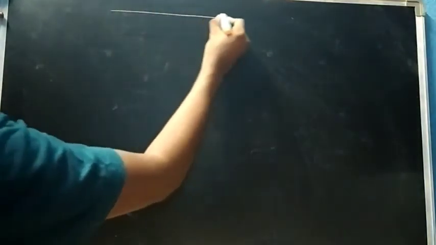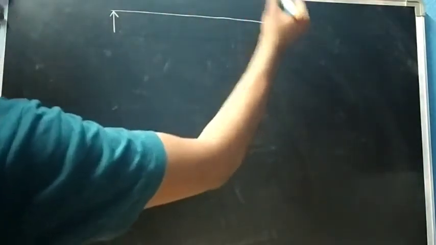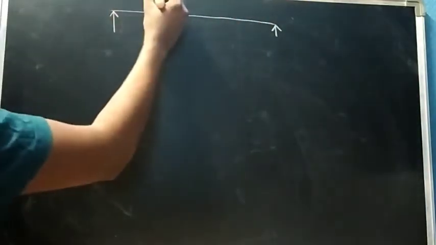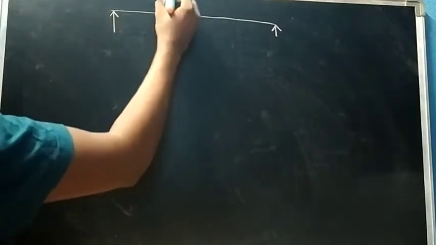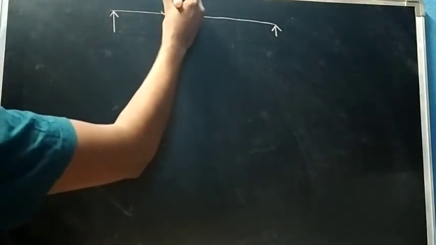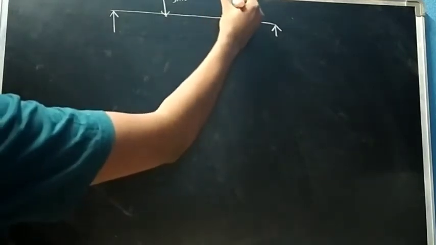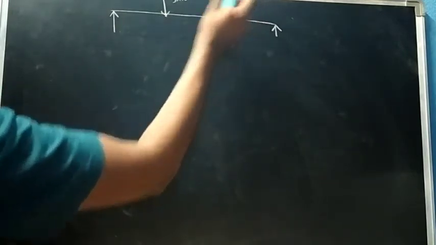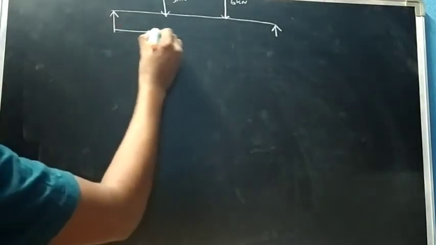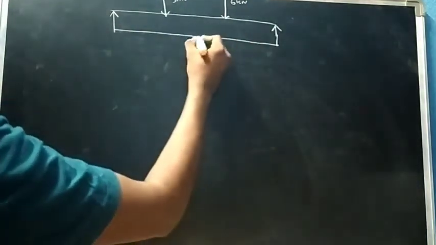First we'll draw the given beam, that is support at A, support at B, and there will be point loads acting, 3 kilonewton and another one 6 kilonewton, and the total length is 6 meters.